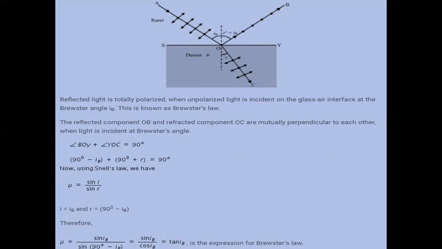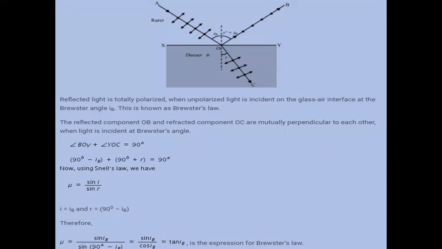OB is the reflected light, which is totally polarized. And OC is the refracted ray. So, in this figure, AO is the incident ray which is unpolarized, OB is the polarized reflected ray, and OC is the refracted ray.